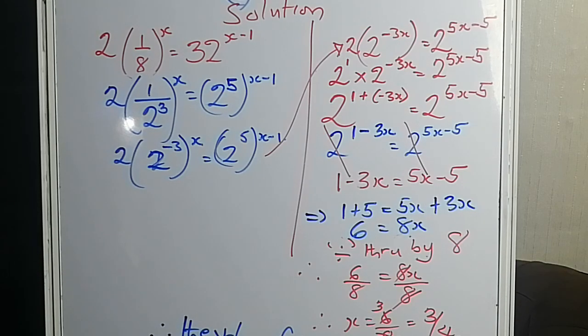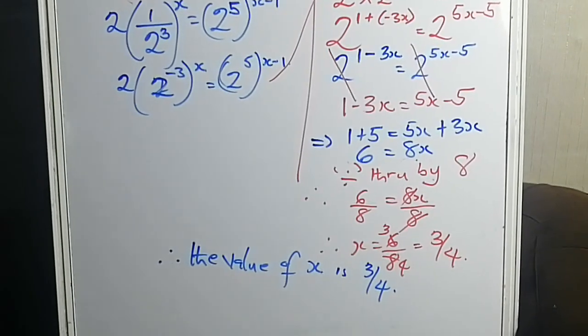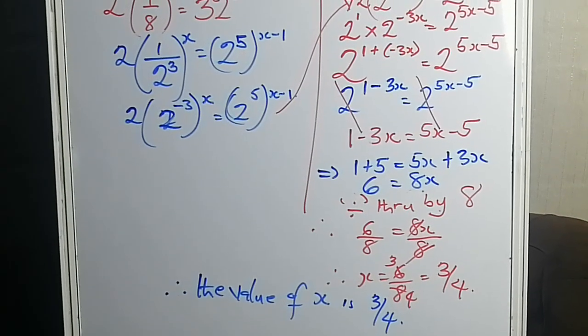So it means you've been able to conclude and get your full answer. And that is the way it works. The value of x is 3 over 4.